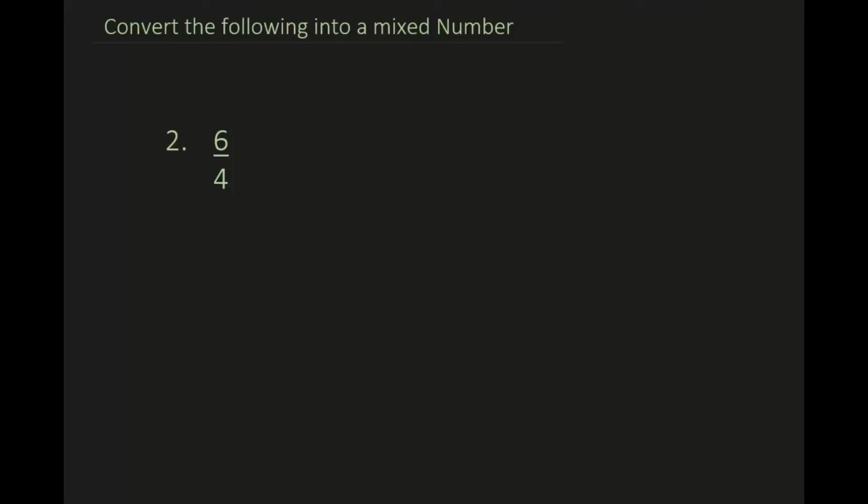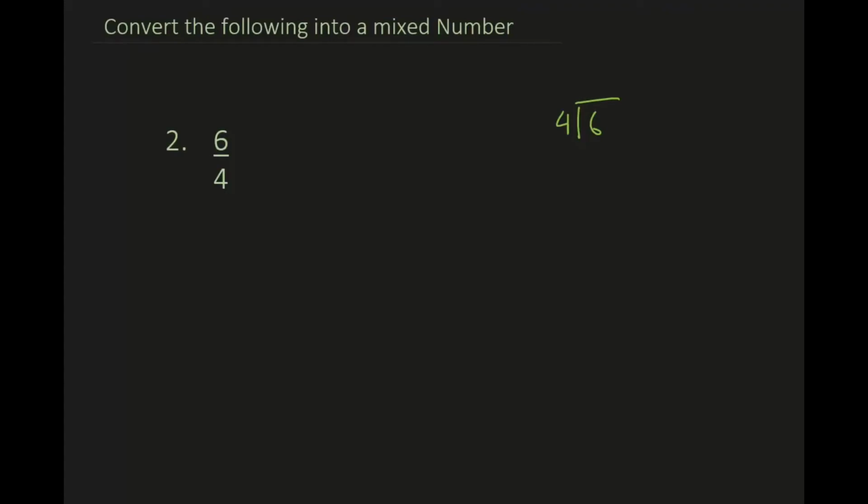So now let's do our second problem. This time, we're going to use a different method. So our problem is 6/4, and we need to convert it into a mixed number. So first, let's divide it. So we're going to do 6 divided by 4.